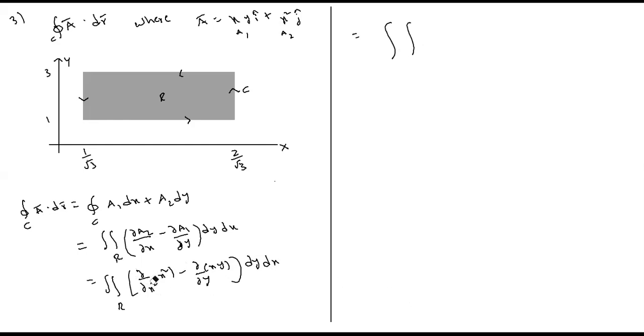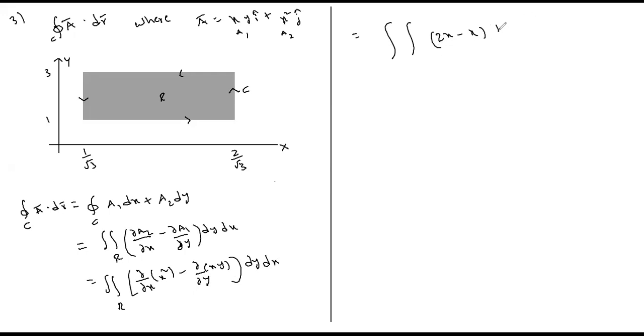It should be dou by dou x, right? So what is the derivative of x square with respect to x? 2x minus derivative of xy with respect to y is x. And either it is dy dx or dx dy.